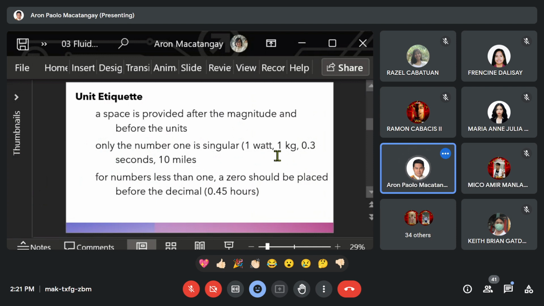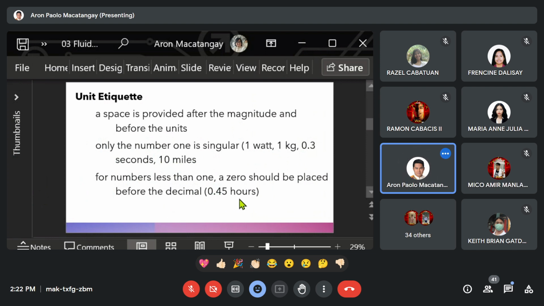Only the number 1 is singular. So 1 watt, 1 kilogram. If it's a decimal like 0.3, it takes an S, seconds. Of course, if more than 1, it takes an S, plural, like 10 miles. For numbers less than 1, a 0 should be placed before the decimal, like 0.45 hours.